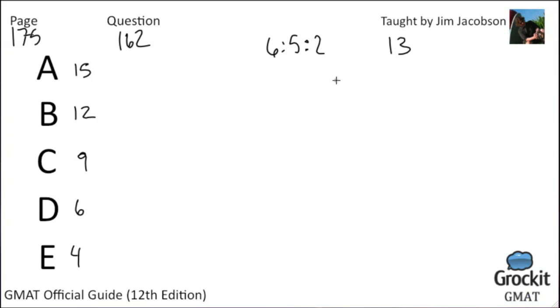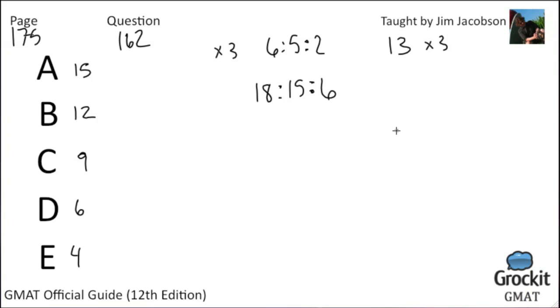So if 39 pounds of the mixture is prepared, 39 is a multiple of 13. In fact, it's 13 times 3. So to figure out how many pounds are actually in the mixture, we just multiply the whole ratio times 3. There are, in fact, then 18 pounds of apples, 15 pounds of peaches, and 6 pounds of grapes.